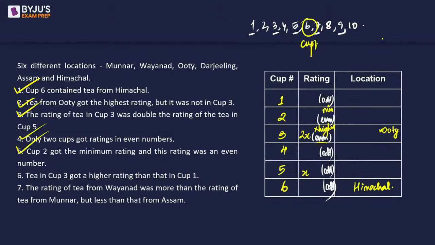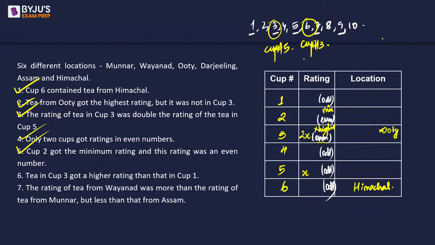Okay, next even number we can have is 6. Let's say this is Cup number 3. If this is Cup number 3, then Cup number 5 is going to be an odd number. This makes sense. Next, Cup number 3 can be 4. In that case, Cup number 5 is going to be 2. Which is going to be a difficult scenario, right? Because we can't have an even number as Cup number 5.